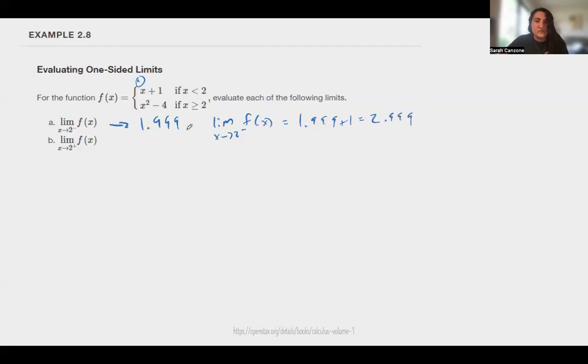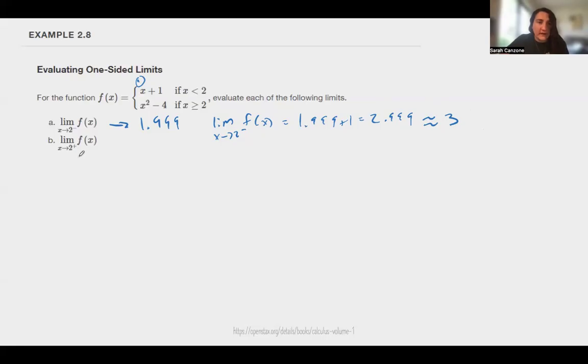And in fact, if I chose 1.9999, this would be 2.9999. And we see as we keep adding 9s and get closer and closer to that value of 2, this value gets closer and closer to 3. And so we'll say this limit is approximately 3, because 2.999, when you round it, is approximately 3.